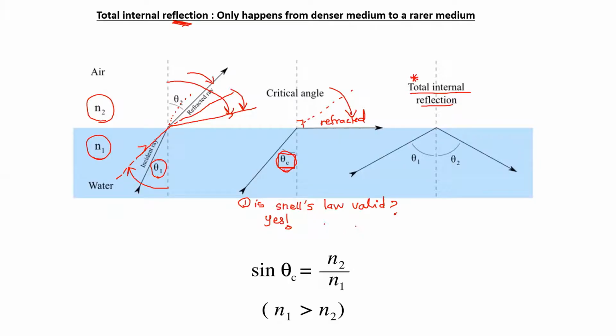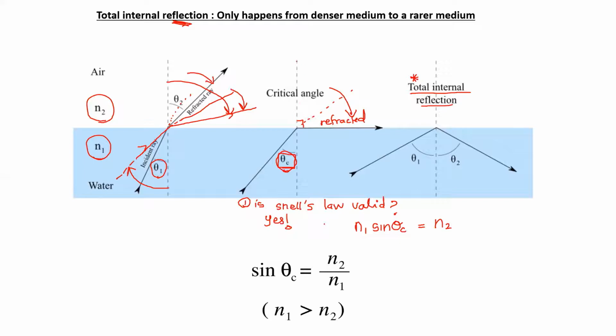So let's write it. N1 times sine theta C, where theta C is the incident angle, or in this case, the critical angle, is equal to N2 times sine of... what is the angle here? It is 90, right?